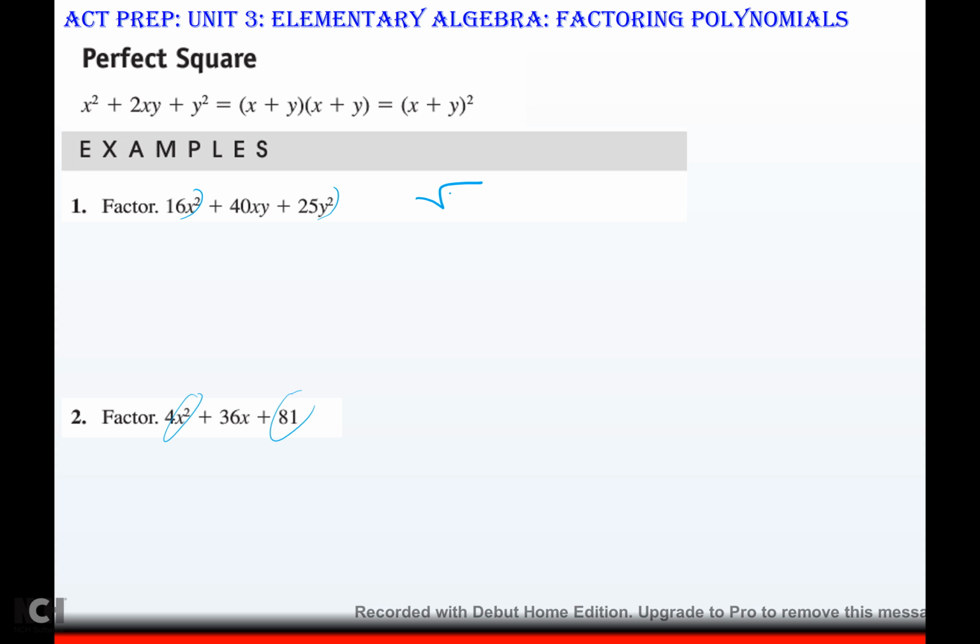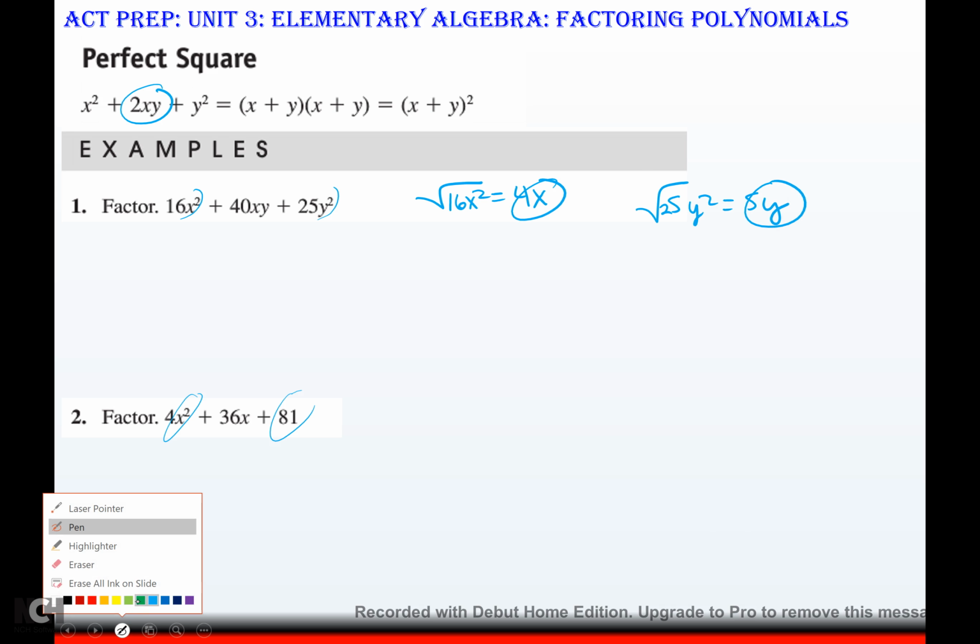If I check the ends, the square root of 16x squared is 4x. The square root of 25y squared is 5y. So they are perfect, but you've got to check one more thing. Take this root and this root and double it.